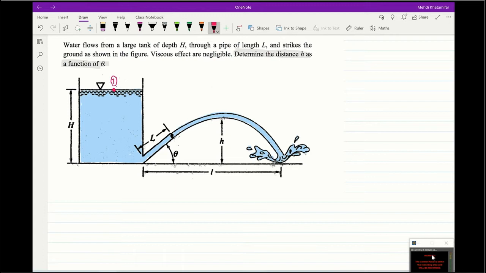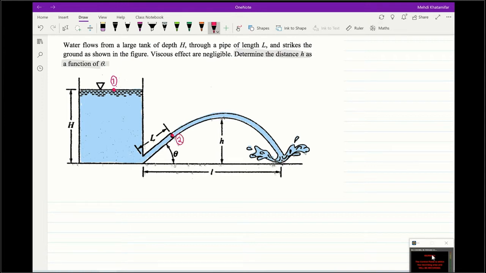Then I can find another point which has a lot of information about it. The other point I'm going to select is at the end of the pipe, here, point 2.